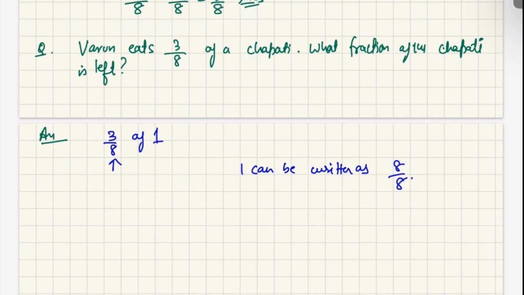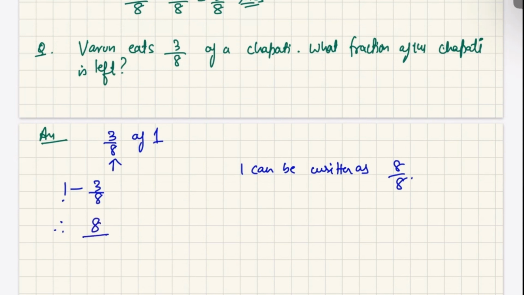Now, what fraction of the chapati is left? You have to subtract the amount of chapati eaten by Varun from the 1, right? So you have to find out 1 minus 3/8, correct? Out of 1 chapati, 3/8 part has been eaten by Varun. Therefore, 1 can be written as 8/8.